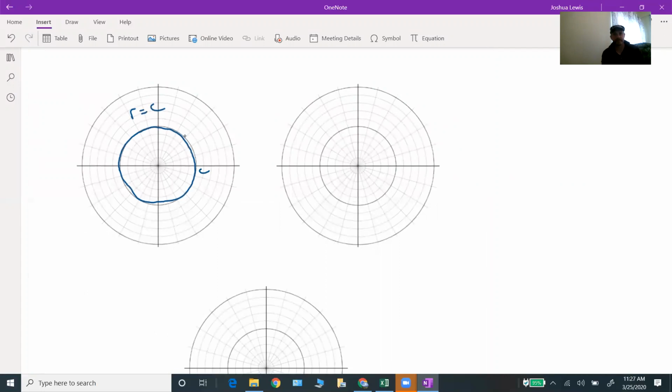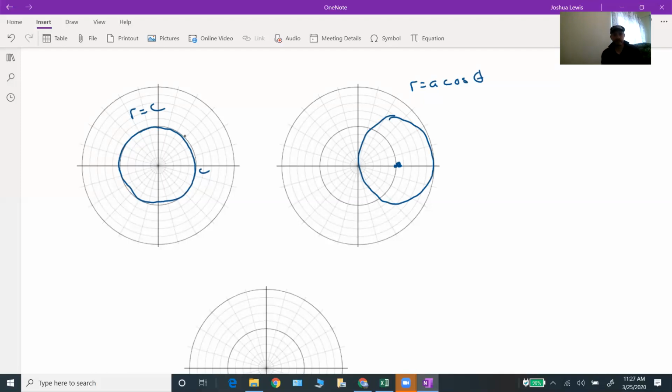And then if we do r equals a cosine theta, well, that might be something like, I don't know. Sorry, I'm just trying to eyeball this a little bit here. Something like this, right?